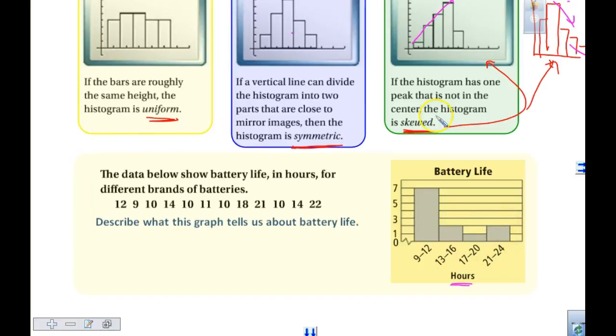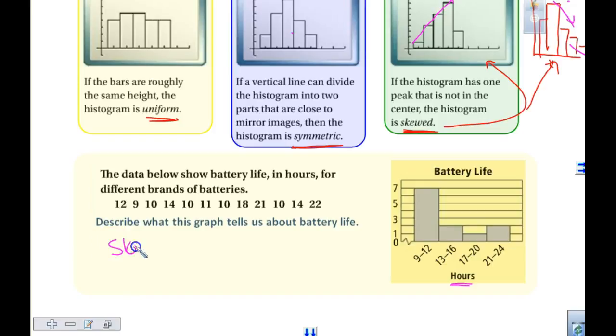If you were going to use one of these words up here, symmetric, skewed, or uniform, how could we describe this if we are looking at it? It would be one of the words. What word do you think would be best used for this one? Probably that it is what? Skewed? I would say so. So if we are looking at this, we could say, describe what the graph is telling us about battery life.